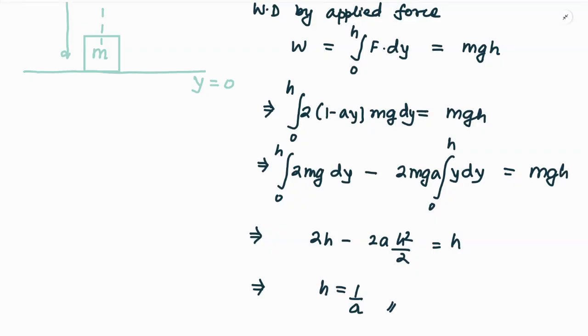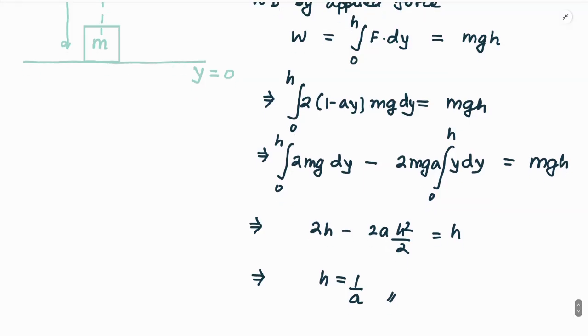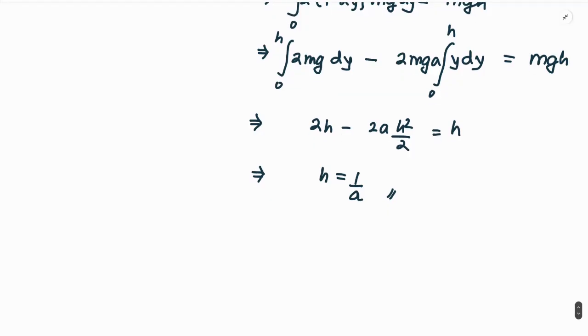Now the question is asking us to find the work performed by this force and the increment of the body's potential energy in the gravitational field of the earth over the first half of the ascent. So h is not going to be the total ascent of the particle; the particle is going to rise by h by 2. If this is to be considered as h, which is equal to 1 by a, we here consider that the mass m is at h by 2.